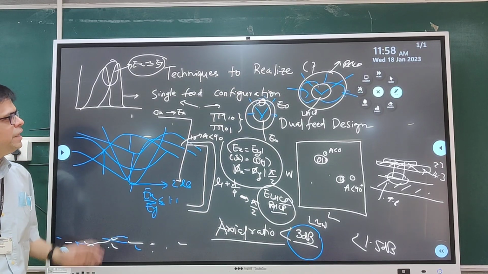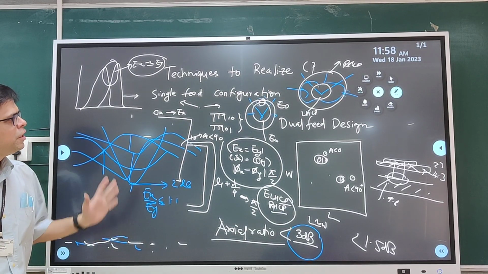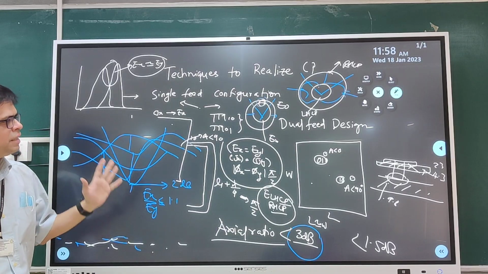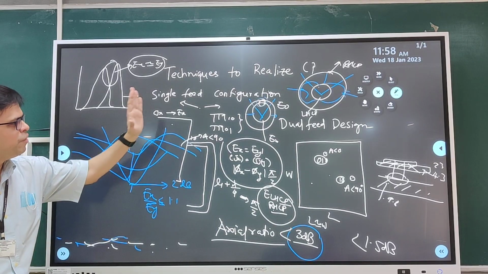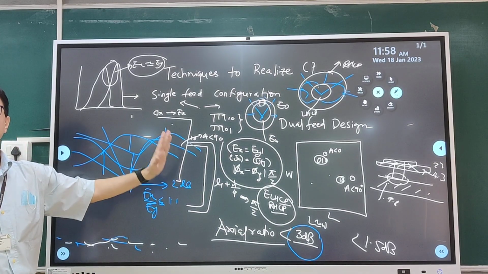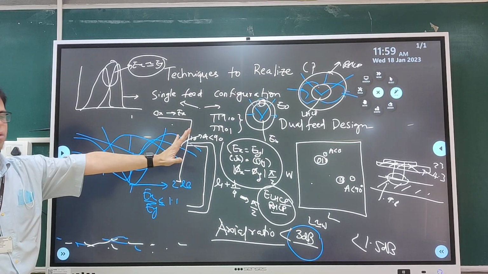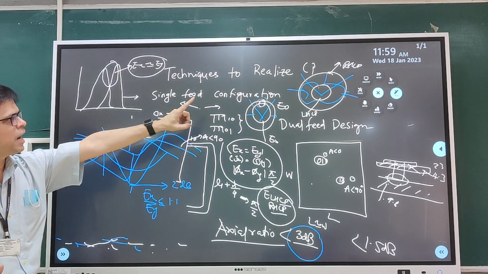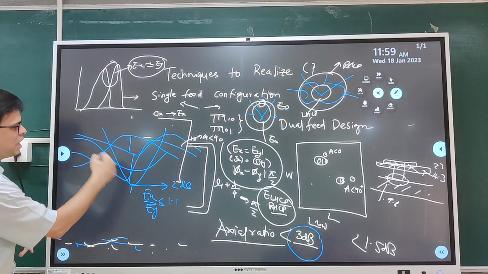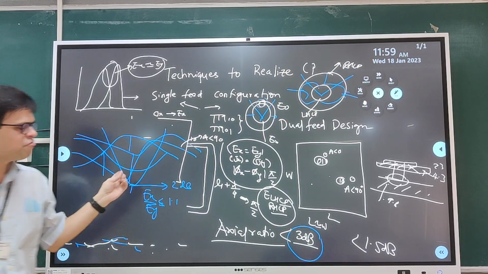So here we talked about your single feed design, dual feed design, various parameters related to the CP response, the field components, the RHCP, LHCP, as well as the phase plots.